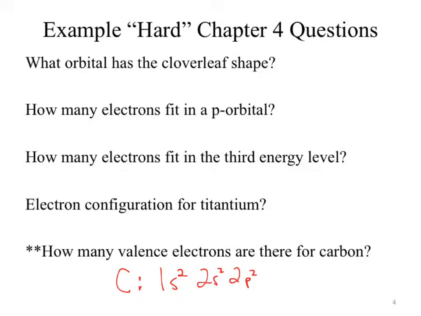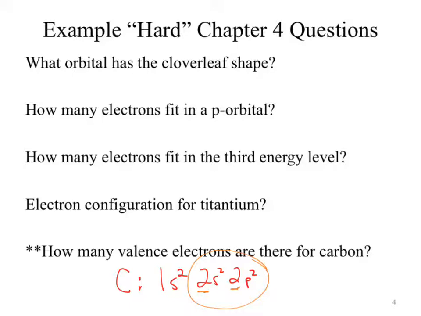Our valence electrons looked at what? The outermost energy level, which is our second energy level. Carbon has 4 valence electrons by totaling those numbers. Okay? Questions on that?